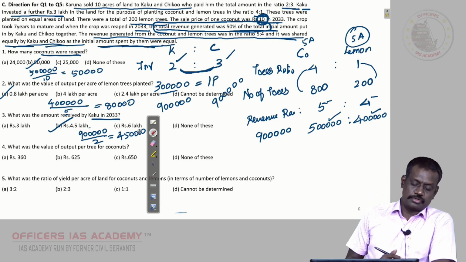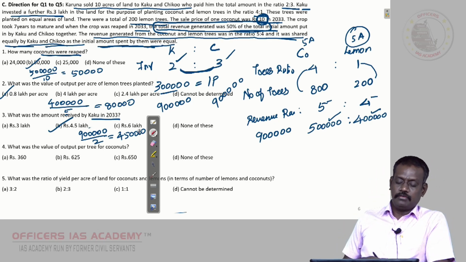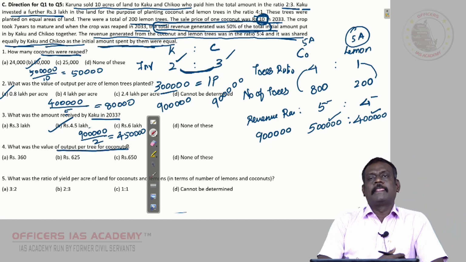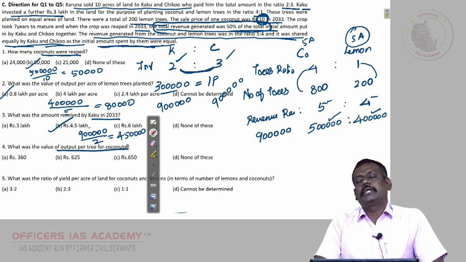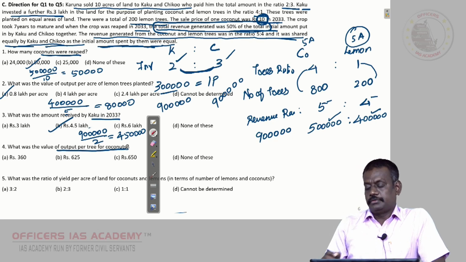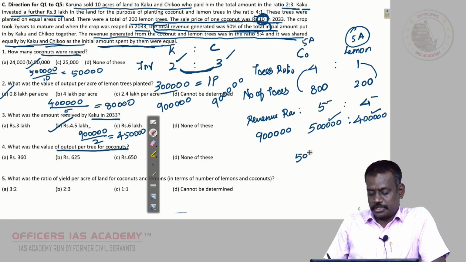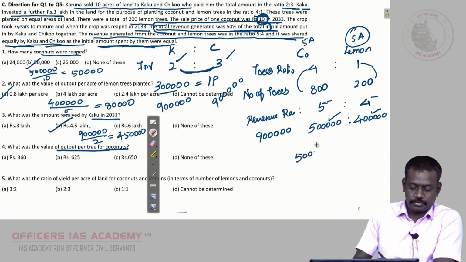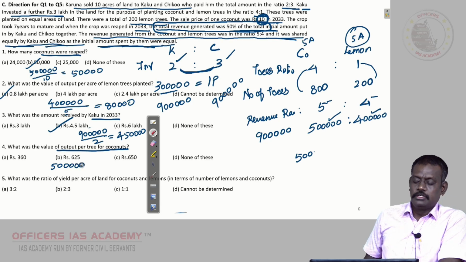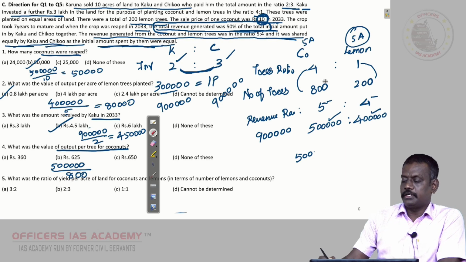And the next question, what was the value of output per tree for coconut? What is the meaning of it? They have got 5 lakh rupees by selling the coconut, and per tree means they have planted 800 coconut trees, right?